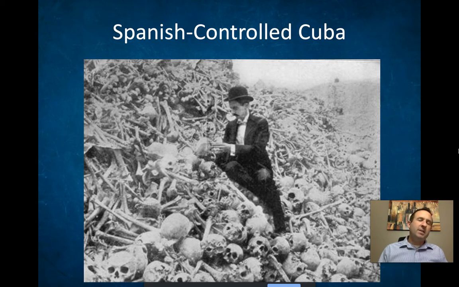But why do Americans care? Well, for a few reasons. Number one is this kind of imagery did stir up some sympathy for the Cubans. We were outraged, morally outraged, that the Spanish would do this to Cubans. And yes, we did feel that they're fighting a war of independence very similar to our own.